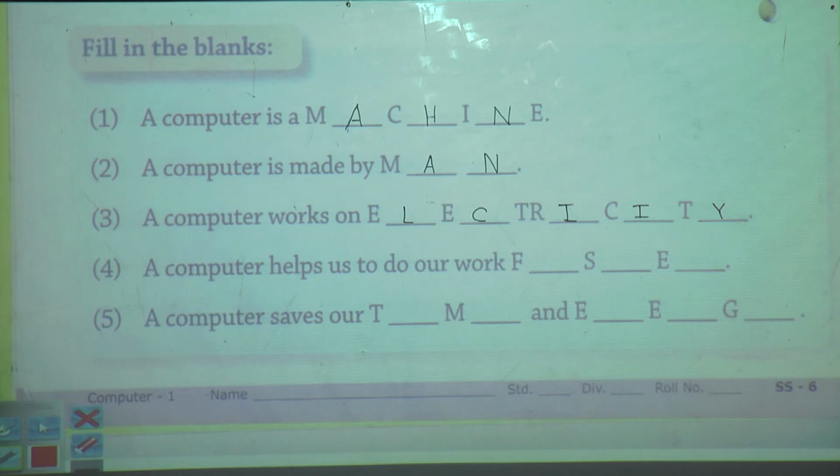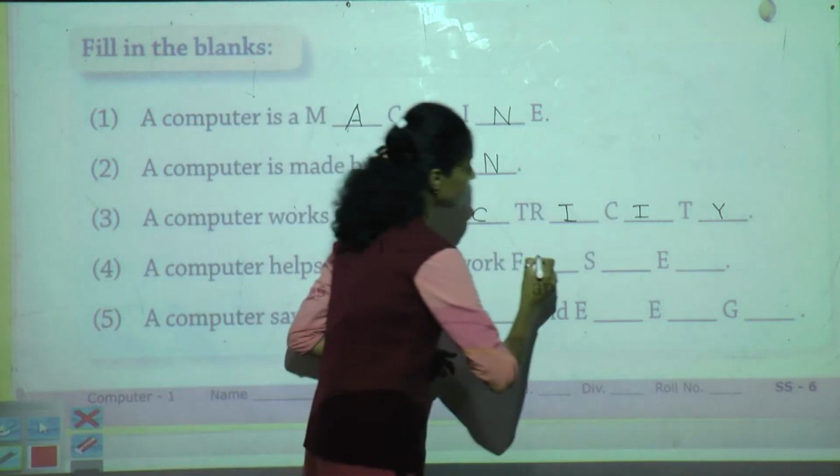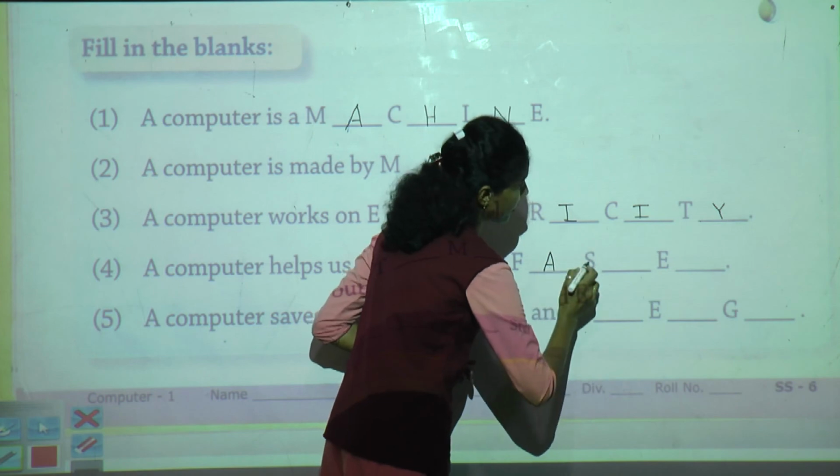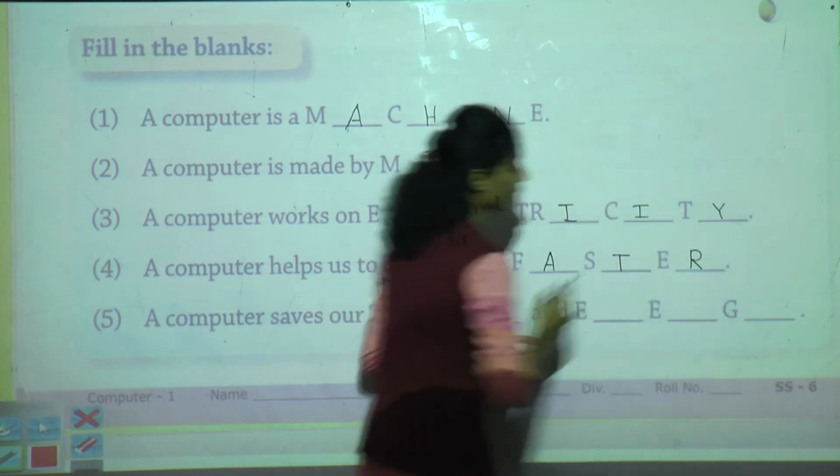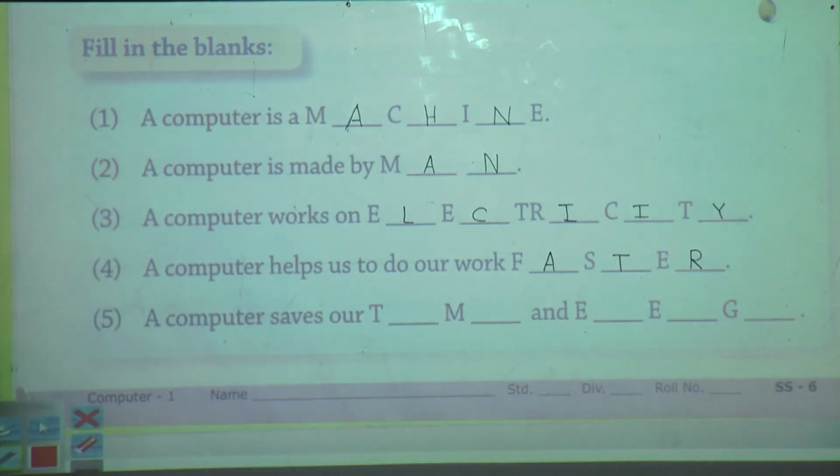E-L-E-C-T-R-I-C-I-T-Y. Electricity. A computer helps us to do our work what? Faster. What is the spelling of faster? F-A-S-T-E-R. Faster. A computer helps us to do our work faster.